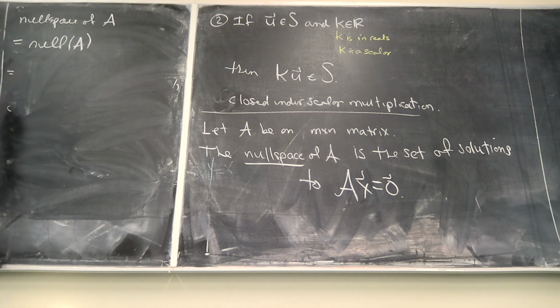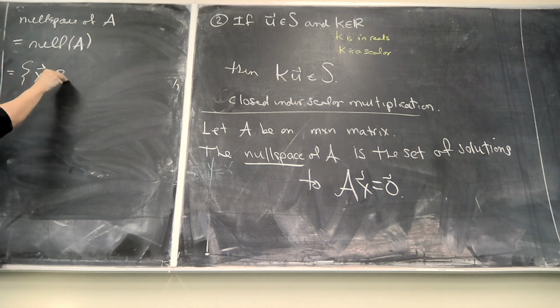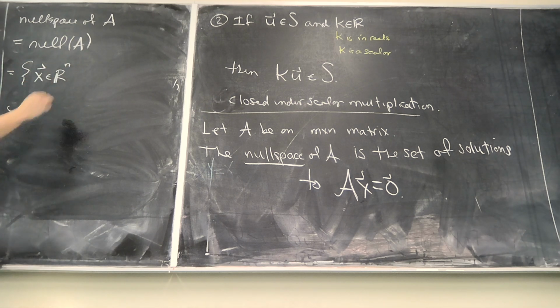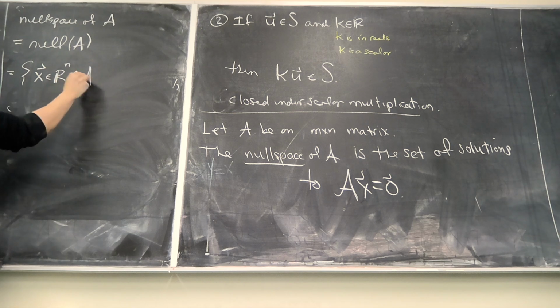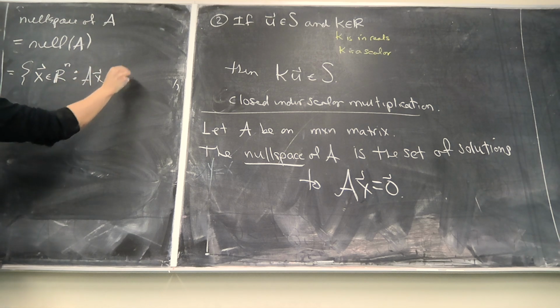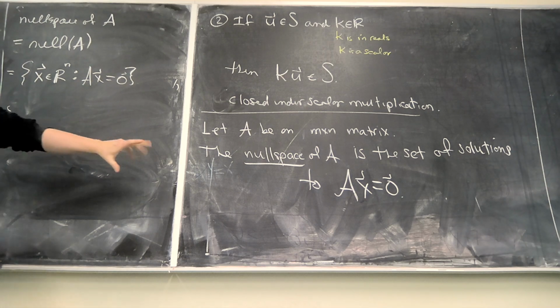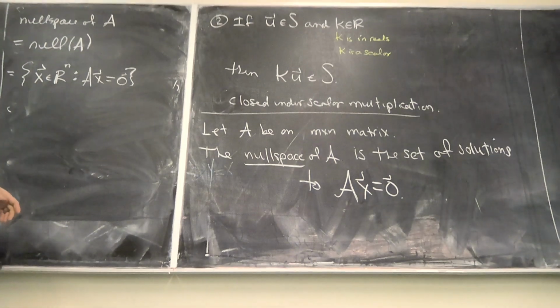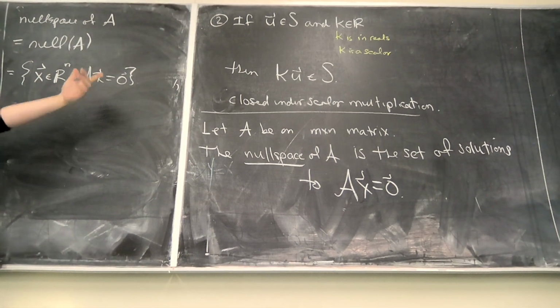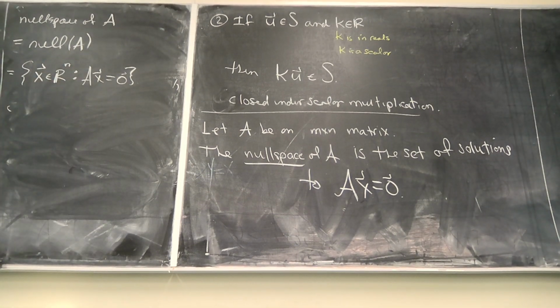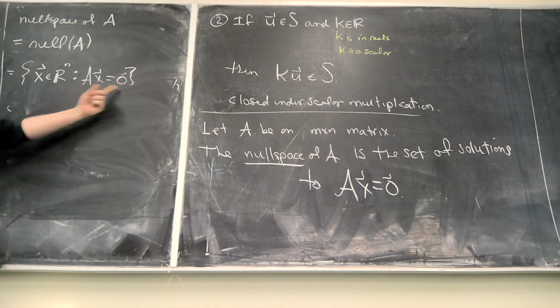And in set builder notation, what you would write would be the collection of vectors x contained in R^n that have the property that A times x is equal to 0. So this is set builder notation. Some of you have tried to use this on exercises. This is a shorter way of, instead of me having to write down some giant sentence, I can just characterize a set in terms of a rule that all the elements have to follow. You're in the null space of A if A times x is equal to 0.